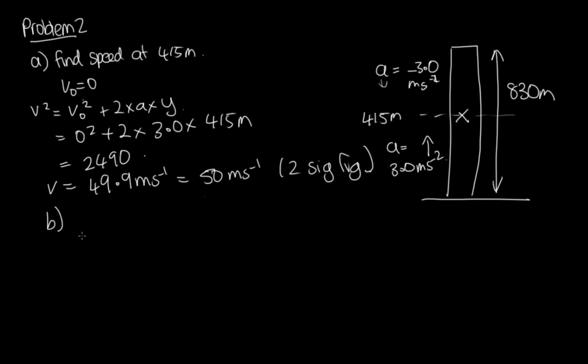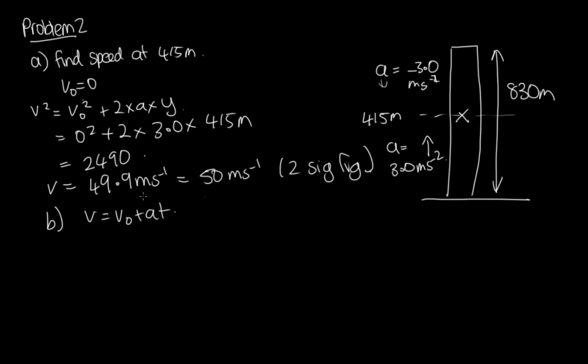Now part B says, how long does it take the lift to get to the top of the tower? Now this is going to be absolutely symmetric because we're speeding up and slowing down at the same rate. So let's work out how long it takes us to get to this halfway point. To this halfway point, we can use the kinematic equation v is equal to v0 plus at.